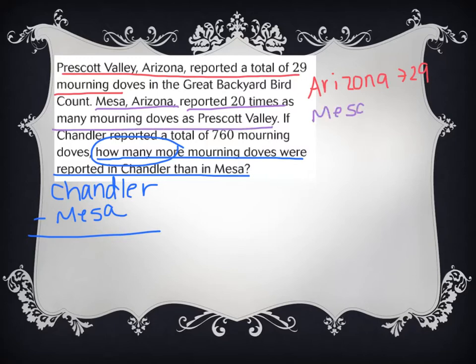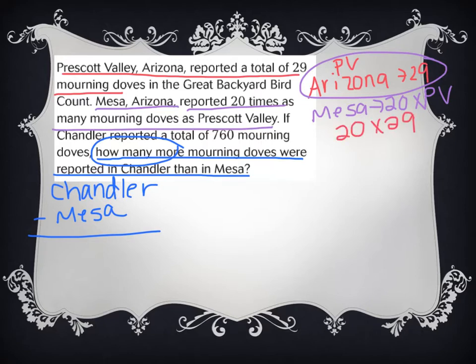Since 29 here represents Prescott Valley, to find the number of mourning doves in Mesa, I'm going to do 20 times 29. The final piece of information is in this line that tells me that in Chandler, there are 760 mourning doves. That number comes directly from the problem.